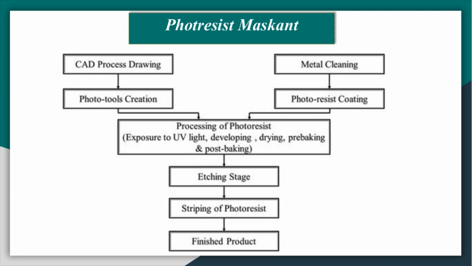Then the part is chemically etched, stripped of residual photoresist, and we go for inspection. Accuracies of 0.25 and repeatability of 0.5 are possible with the help of this technique. This is about the PCM technique or photoresist maskant.